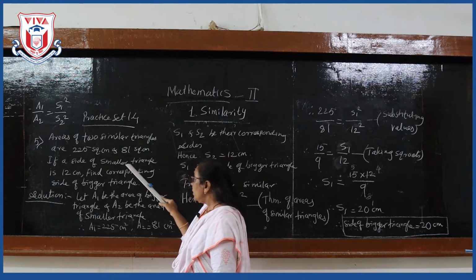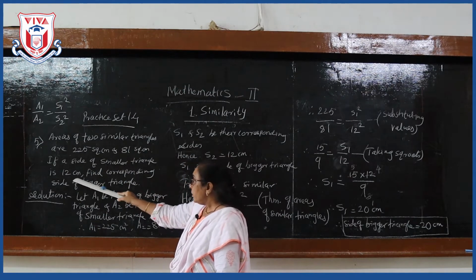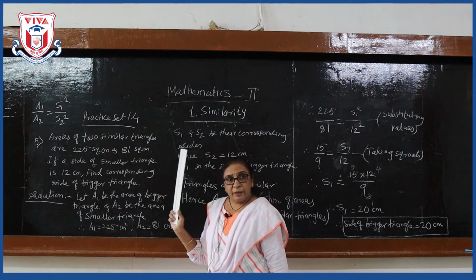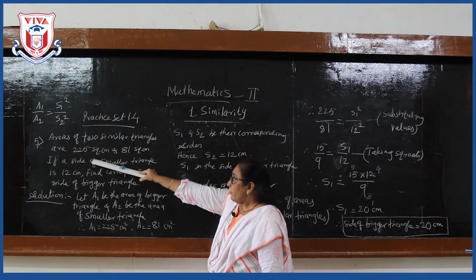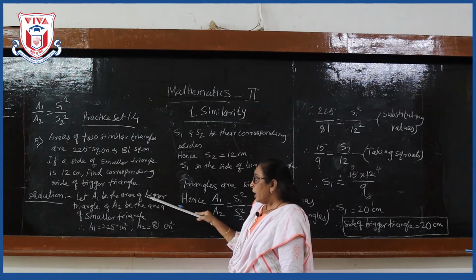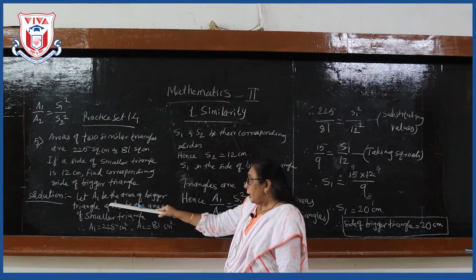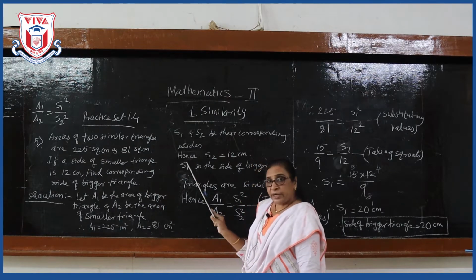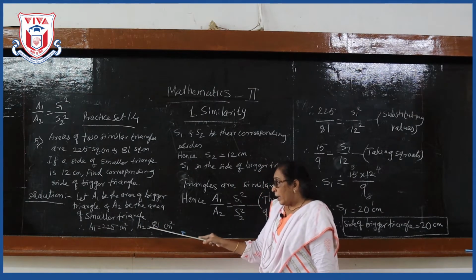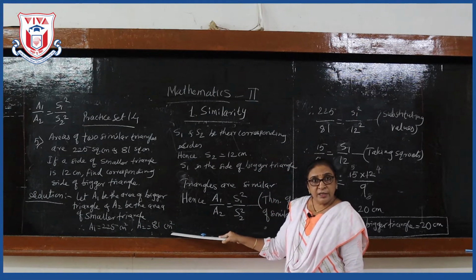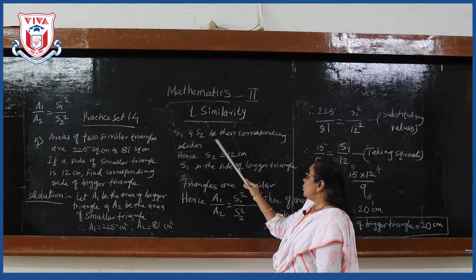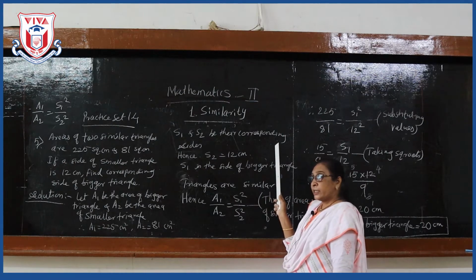If a side of the smaller triangle is 12 centimeter, find the corresponding side of the bigger triangle. Now see, 225 is greater than 81. So let A1 be the area of the bigger triangle and A2 be the area of the smaller triangle. That means A1 is equal to 225 and A2 is 81 square centimeter. Similarly, S1 and S2 be their corresponding sides.